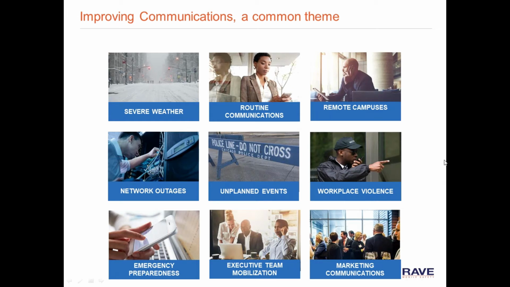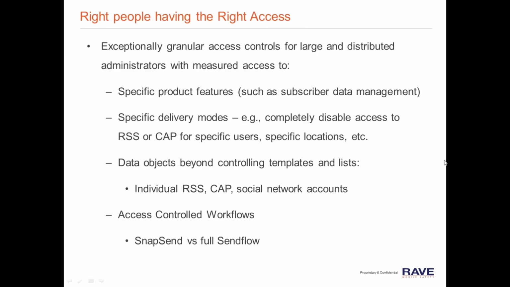And it's kind of funny when you have Rave Alert sitting at your fingertips, that communication never comes up as an opportunity for improvement. You have the ability to send real-time communications out to an entire population, a subset of that population through as many modes as you can think of.